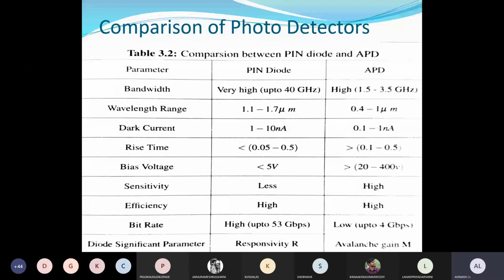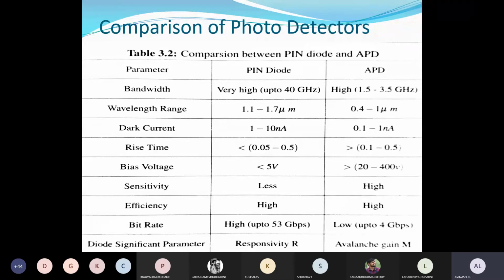That much voltage we need to give in order for the avalanche photodiode's photodetection action to happen. So the bias voltage is less than 5 volts in the PIN diode, and greater than 20 to 400 volts in the avalanche photodiode.